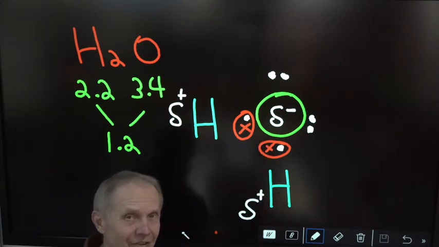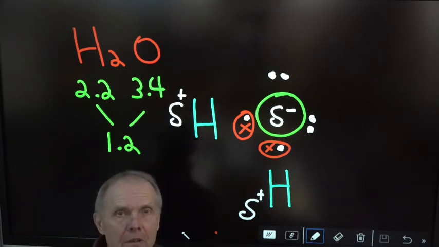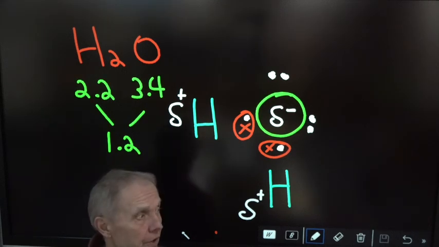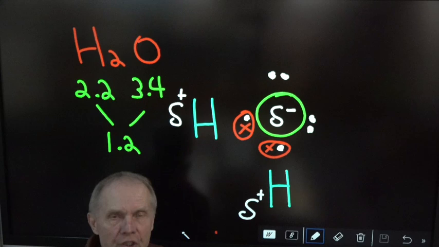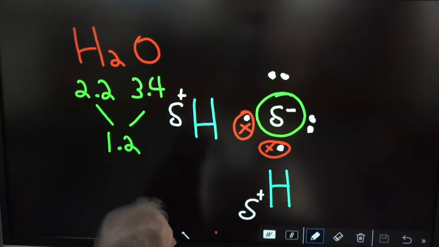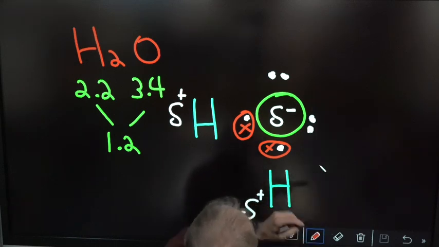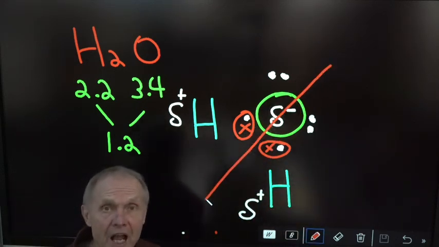Now, the next thing is this. This has polar bonds, but would it be considered a polar molecule? Okay? Well, here's the way to find out. Polar molecules are asymmetrical. This is a biggie. So let's check it out. If I cut this molecule this way, it looks the same on both sides.